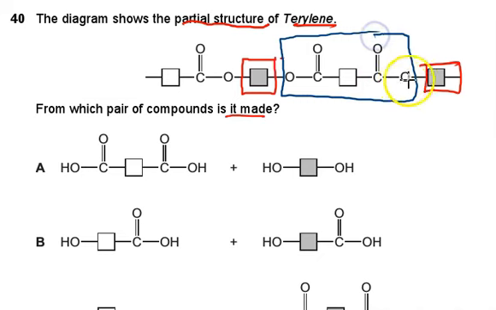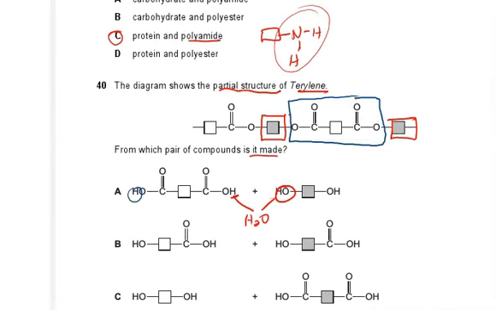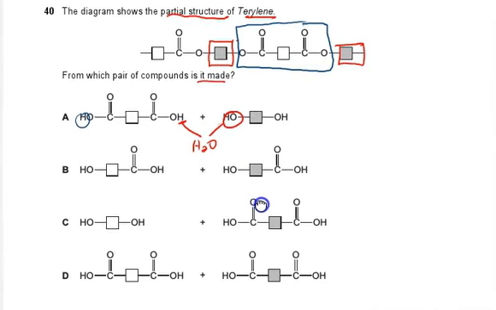So obviously they have a hydrogen like this, and the black box you'll have a hydroxide. So when they are combining, the entire thing from the black box will disappear, and they'll combine with the hydrogen to form water. Okay, so your best answer here will be A for question number 40.